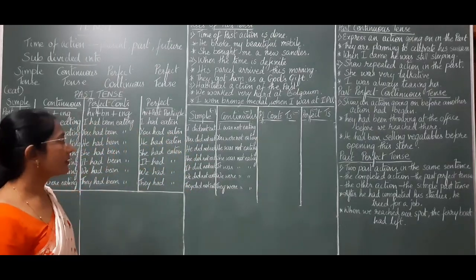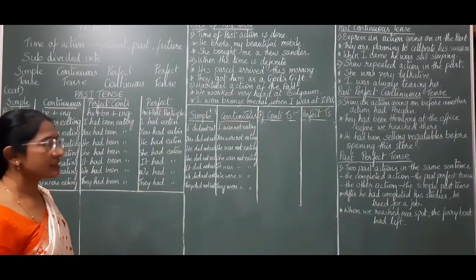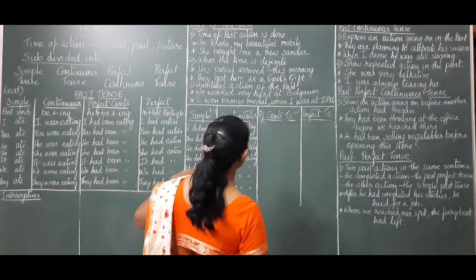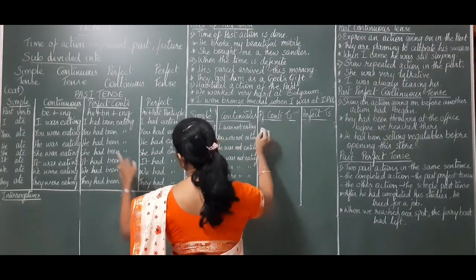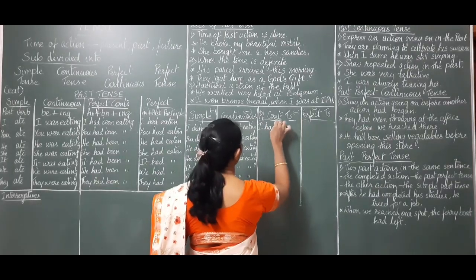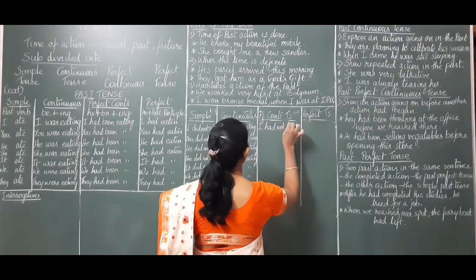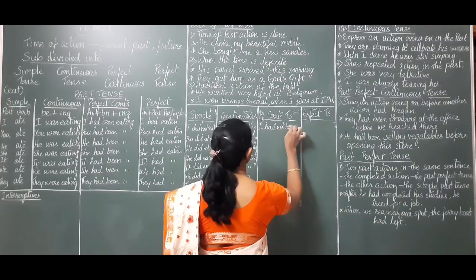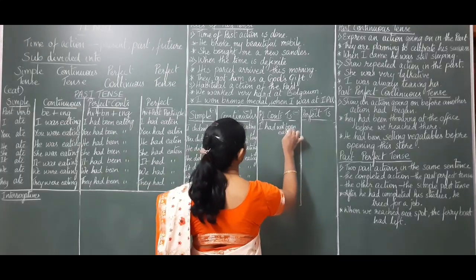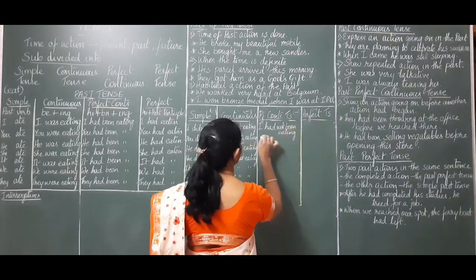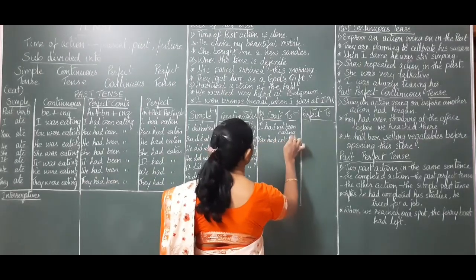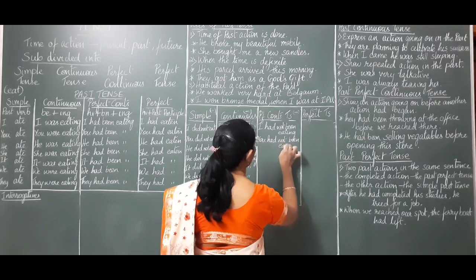The next one, past perfect continuous tense in negative. Have been plus ing takes a negative past tense. In the negative form, I had not been eating. So also with you, had not been eating.